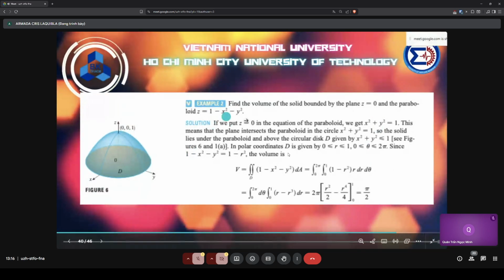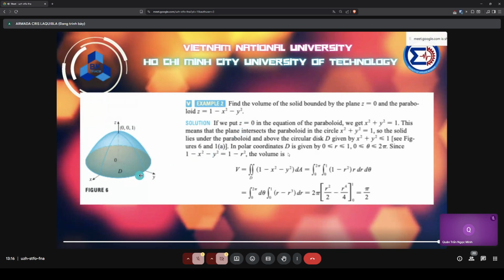And then we have z is equal to 1 minus x squared minus y squared is this one. So it looks like a bowl. Yeah, a bowl. Bowl, not ball. Okay. And that's it.